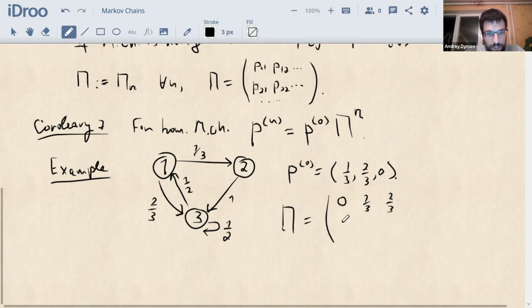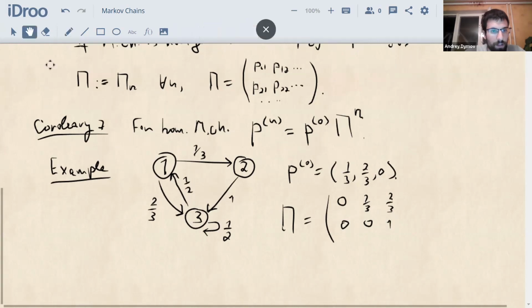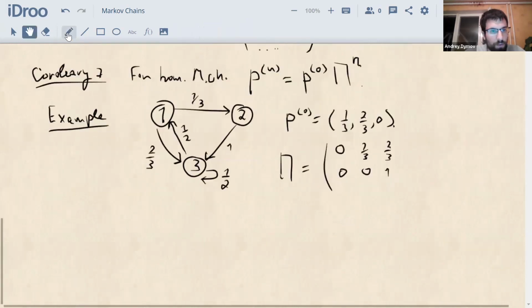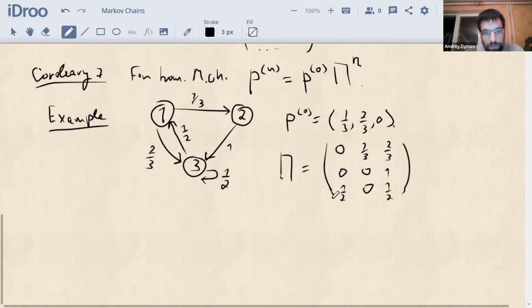Then from the second state to the first state, I cannot go. From the second to the second, 1, and finally from the third state to the first state, it's 1/2. From the third state to the second state, I cannot go, and from the third to the third, 1/2. So this is the transition probability matrix.